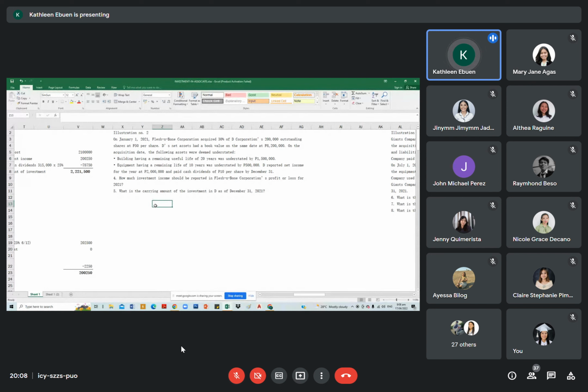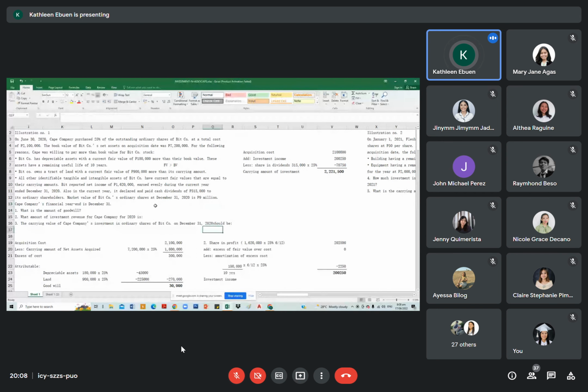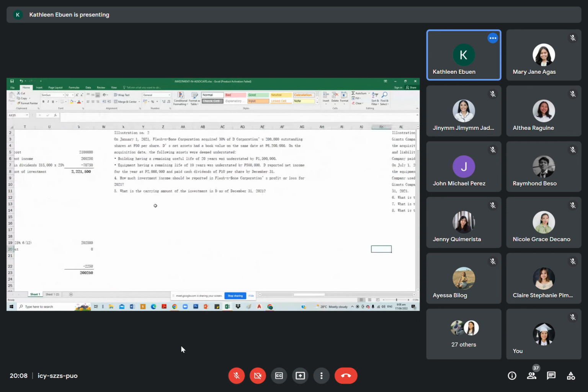May kulang doon, class, doon sa 562,500. Ito yung kulang niyo doon, I'm sure: si excess of fair value over cost.